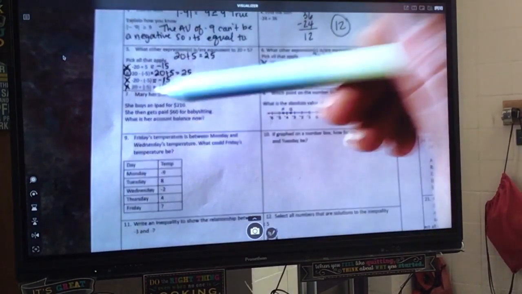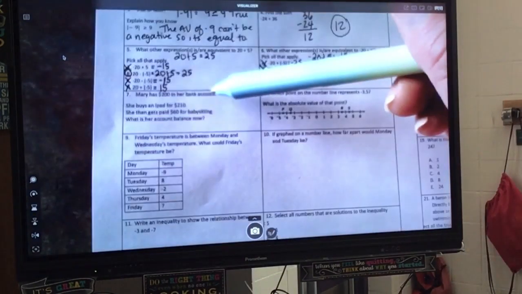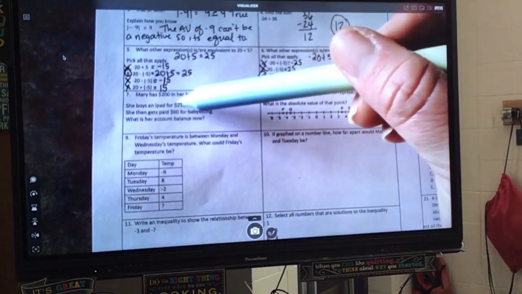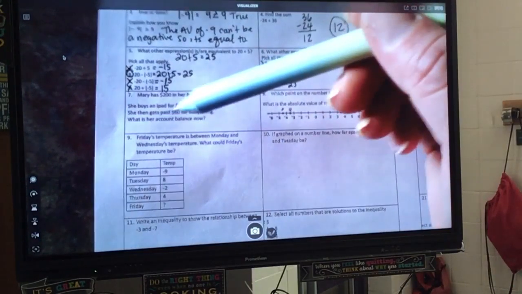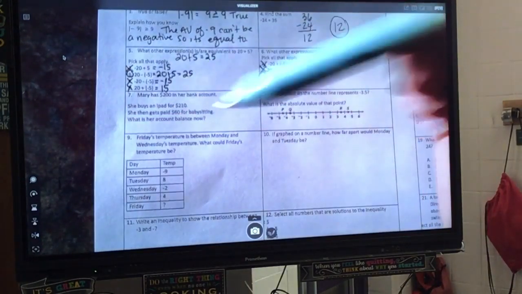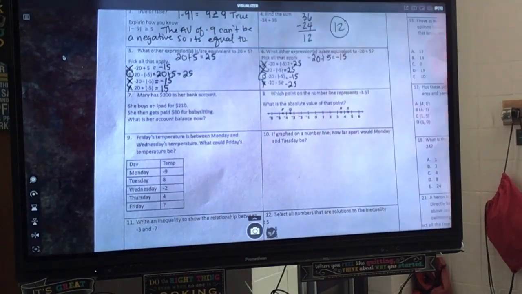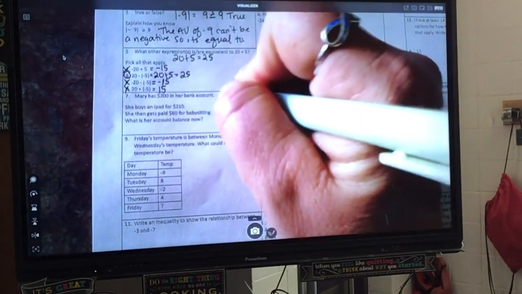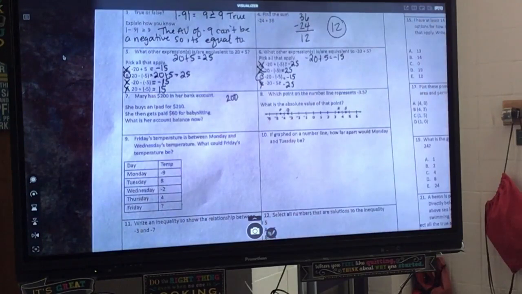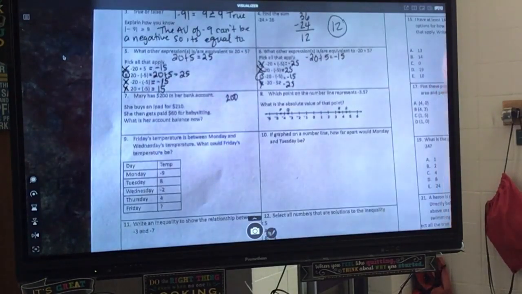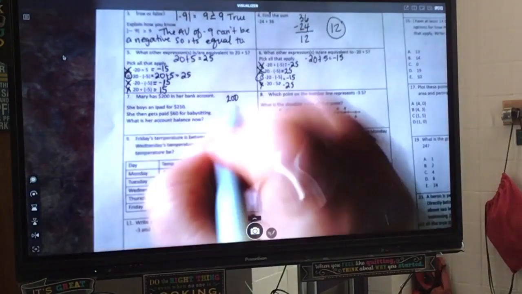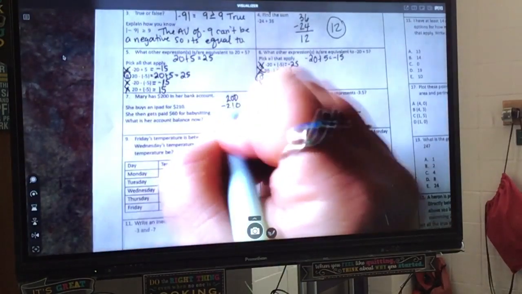It says Mary has $200 in her bank account. She buys an iPad for $210. She then gets paid $60 for babysitting. What is her account balance? So what do we start with? 200, right? Then what do we do? Troy. Minus 210. And how do you know you're subtracting?